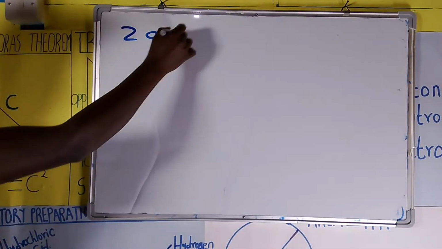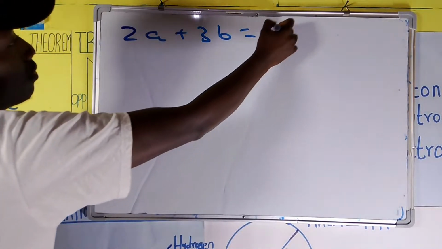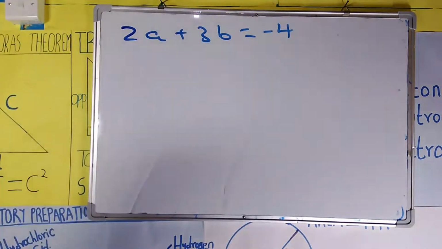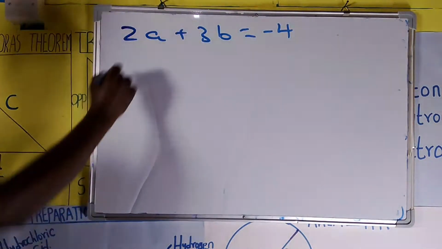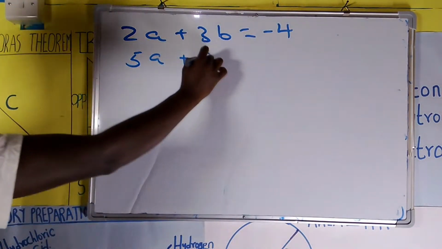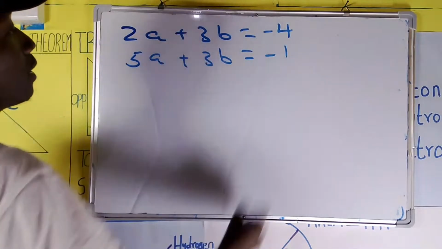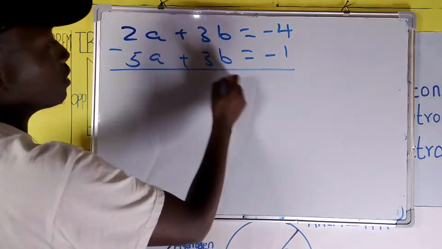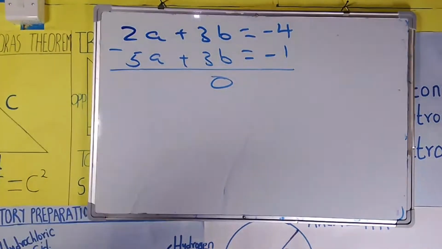From your work, 2a plus 3b is equal to -4, and 5a plus 3b is equal to -1. You subtracted because this one is 0, correct?